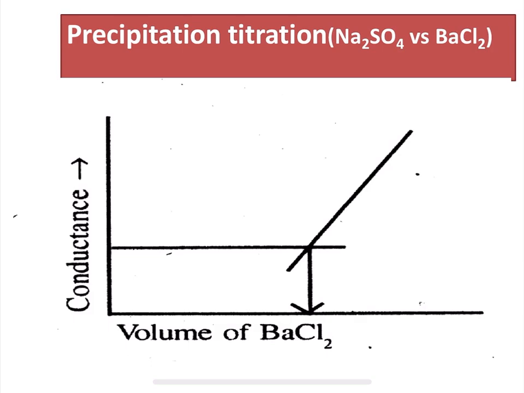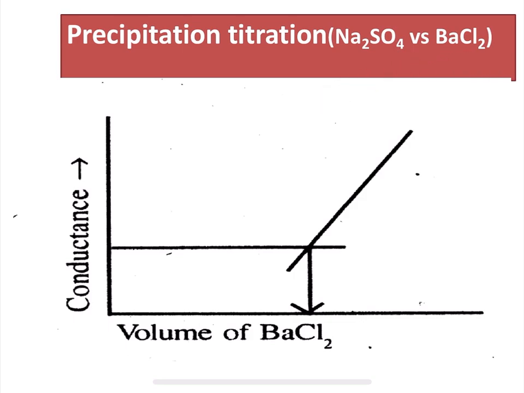So how are we going to conduct this experiment, and what is the principle of this experiment? To understand the principle, let sodium sulfate be pipetted out into the beaker, and barium chloride should be taken in the burette. Okay, sodium sulfate is taken in the beaker and barium chloride is taken in the burette.